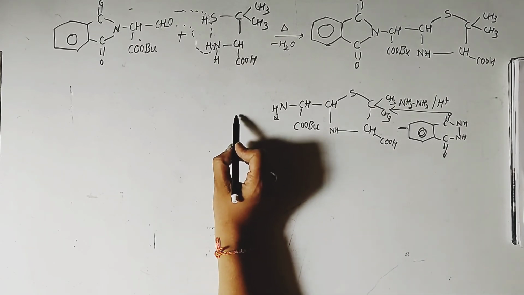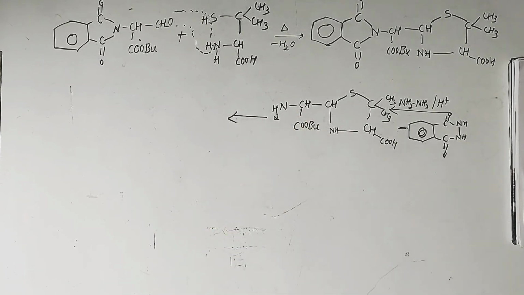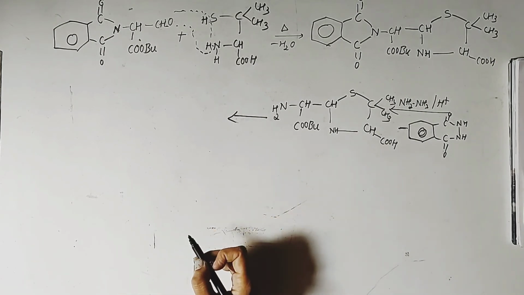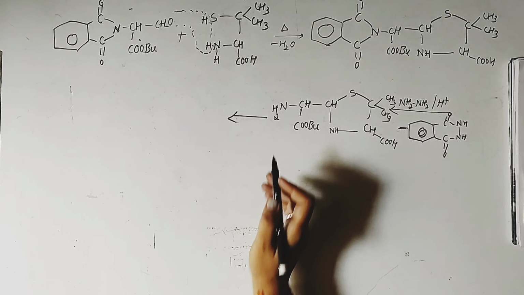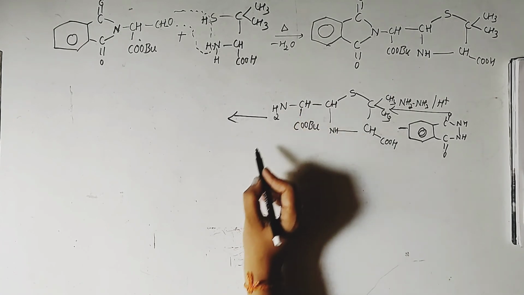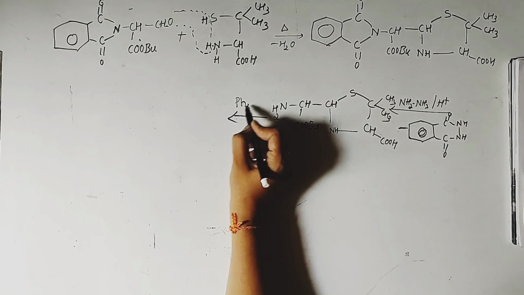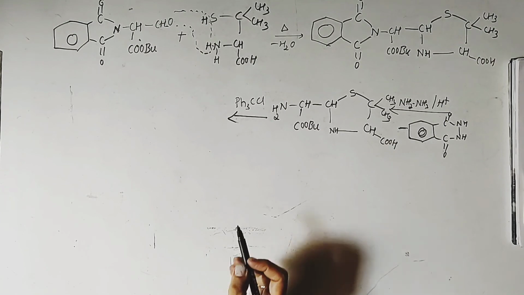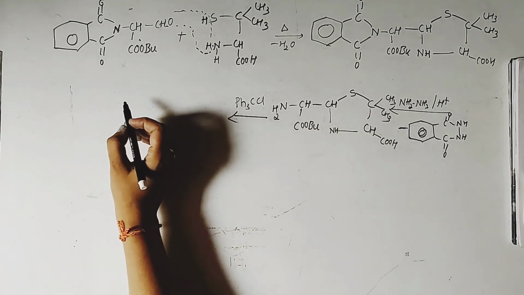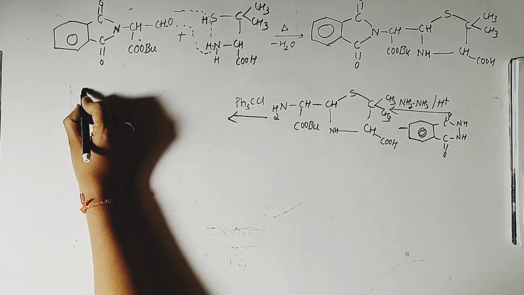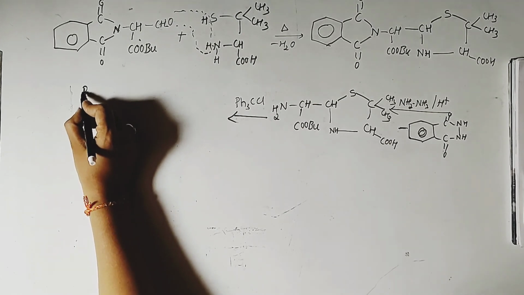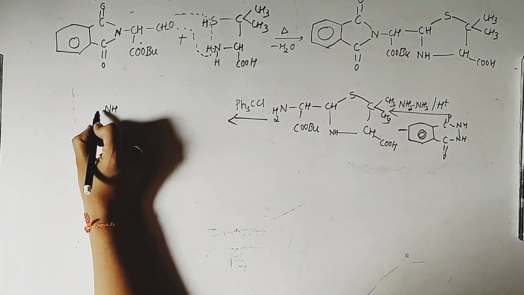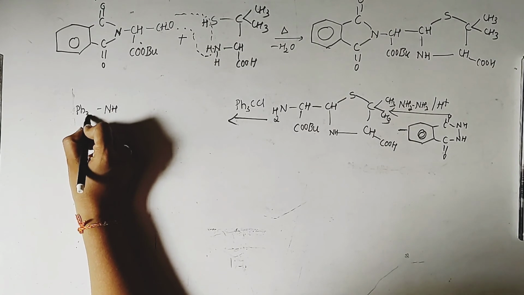Before that, once again we have to protect this amino group as it is active and it will interfere with the further reaction. So first we will protect this group by using the triphenyl methyl chloride group. So that reaction leads to the intermediate product, so first this NH will bind with PH3C.